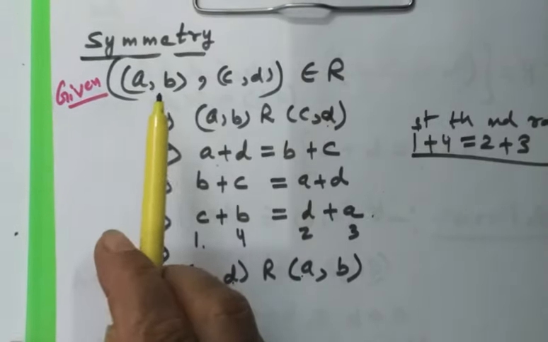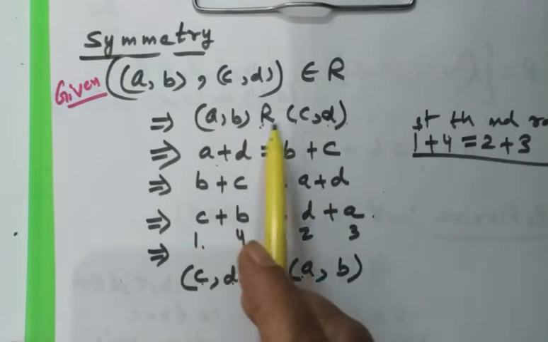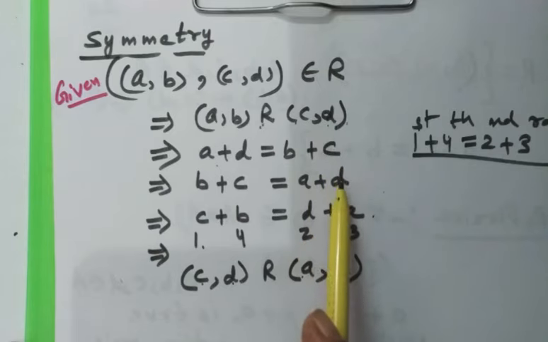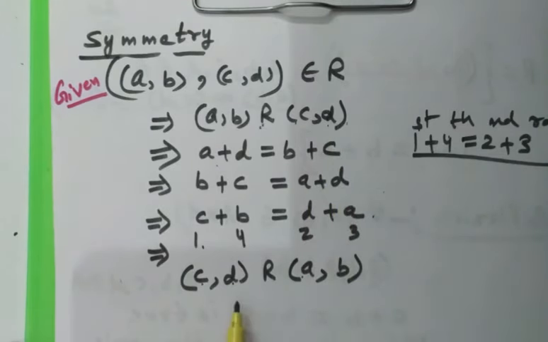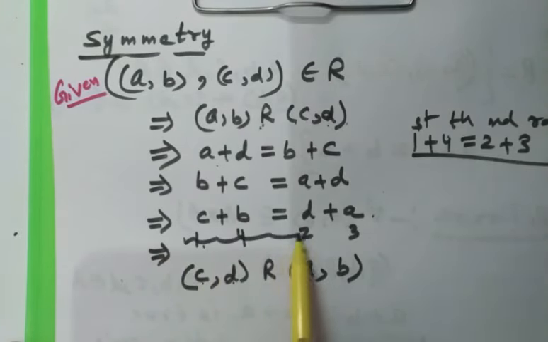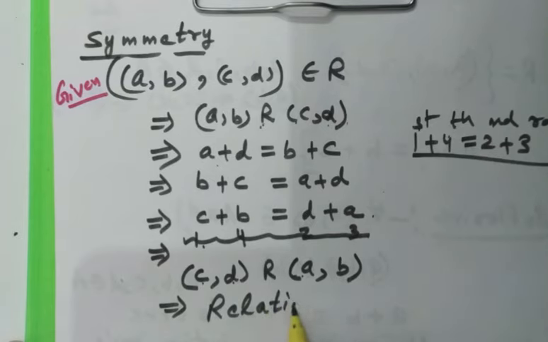So we started from AB related to CD, the ordered pair AB was given to be related to CD. We used the properties of addition of natural numbers and we proved that CD is related to AB. Now there is no relevance of writing these numbers, I wrote them just to explain to you. So this implies the relation R is symmetric.